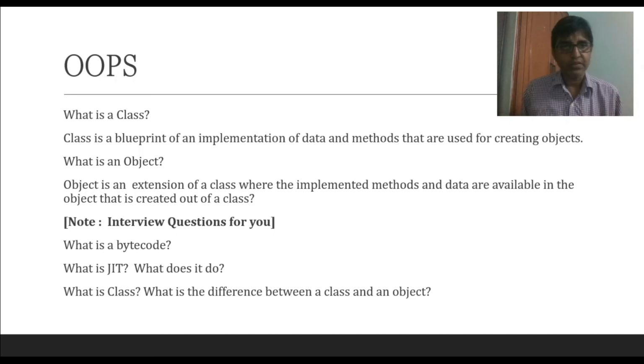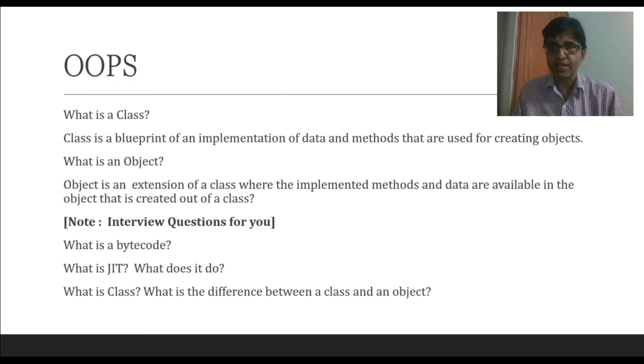Okay, so please take down some interview questions. These are the interview questions they will ask you if you apply for a Java job. What is a bytecode? What is a just-in-time compiler? What does it do? What is a class? What is the difference between class and object? And you can also take down a few other questions.